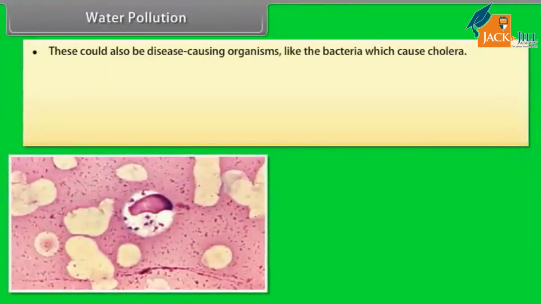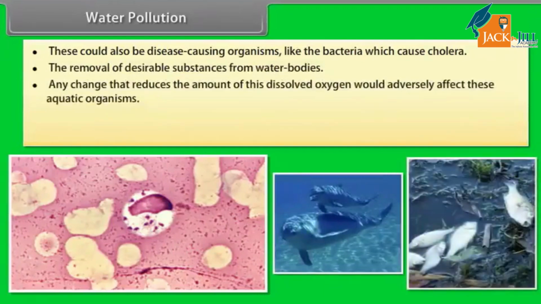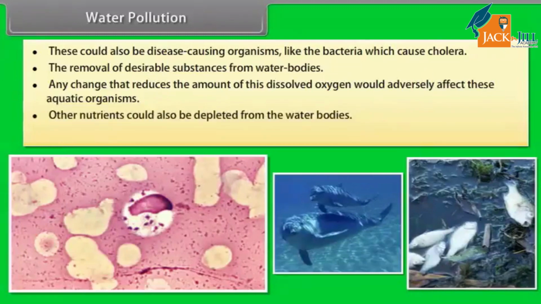These could also be disease-causing organisms like the bacteria which causes cholera. The removal of desirable substances from water bodies. Any change that reduces the amount of this dissolved oxygen would adversely affect these aquatic organisms. Other nutrients could also be depleted from the water bodies.